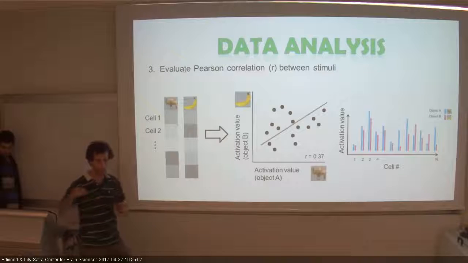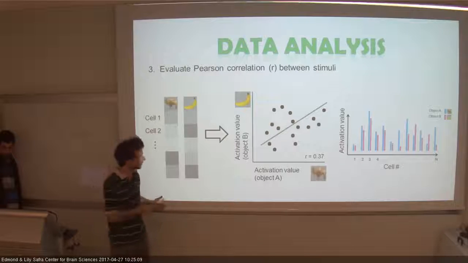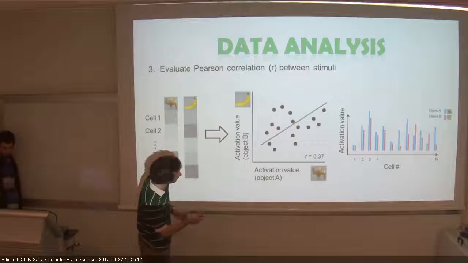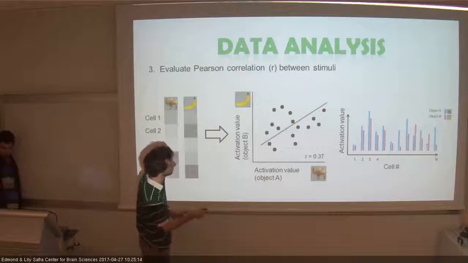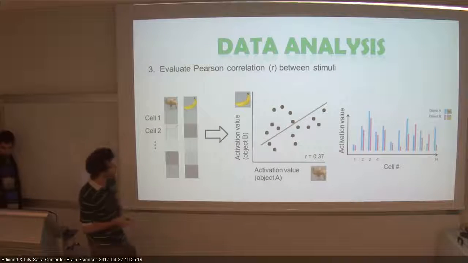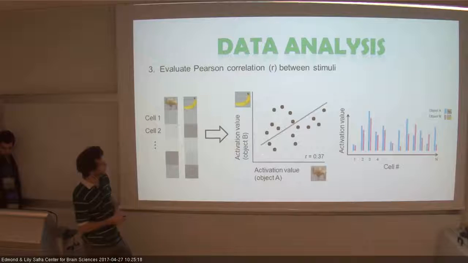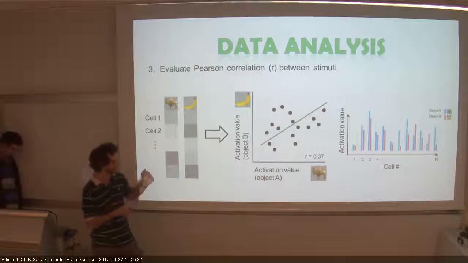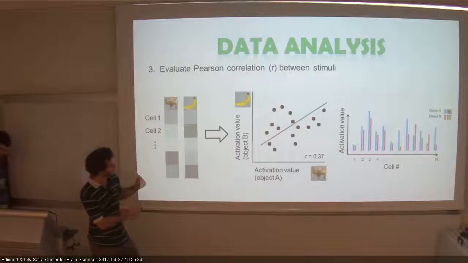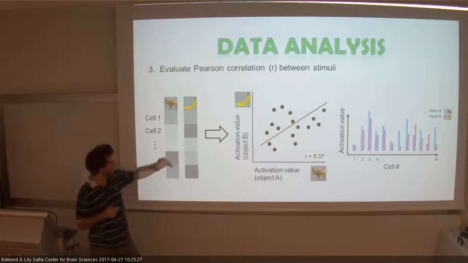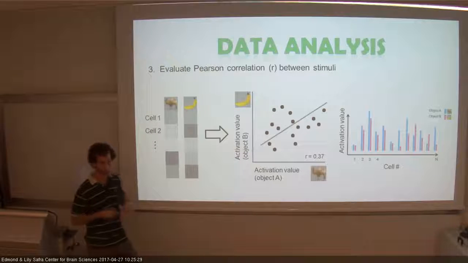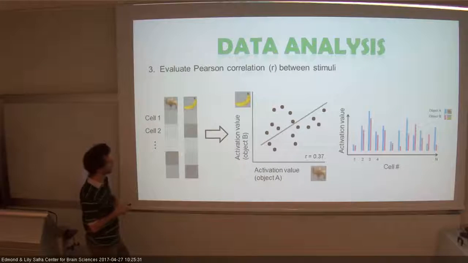If the two response patterns are very similar, as you can see here, it's also a nice way to visualize the similarity of the two patterns, we'll get R closer to 1. And if it's a straight line but downward, which means that they have an opposite activation pattern, then R will be closer to -1.